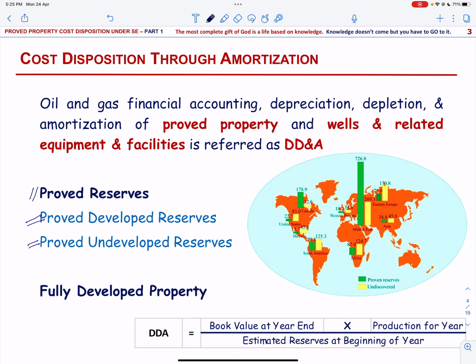While wells and related equipment and facilities are amortized over proved developed reserves, the remaining proved reserves, that is proved undeveloped reserves, are excluded in amortizing wells and related equipment and facilities because those reserves will be produced only as a result of incurring additional future cost. Once a property is fully developed, proved reserves and proved developed reserves are the same.